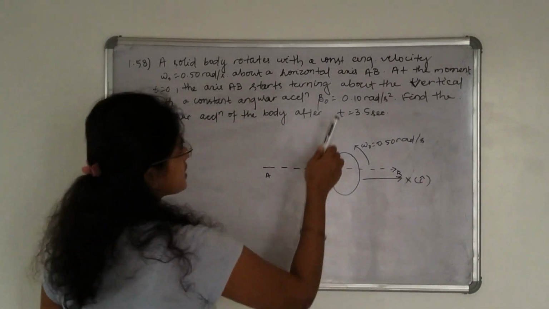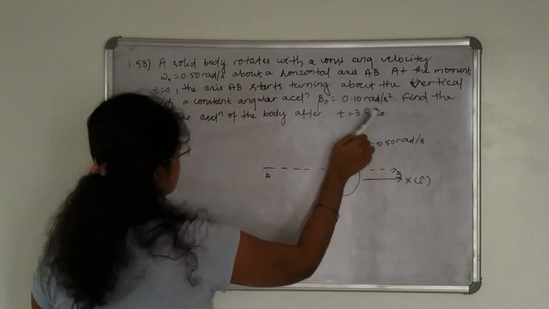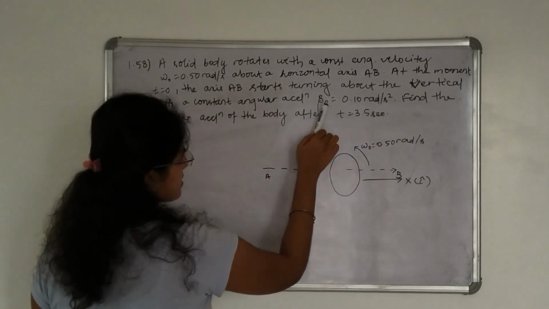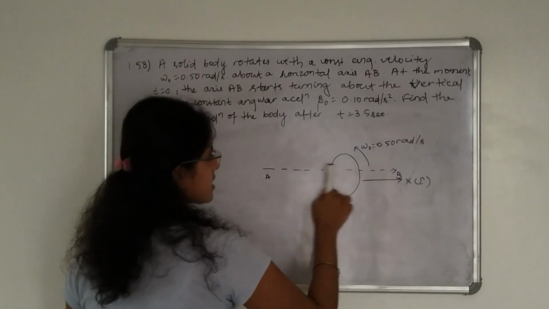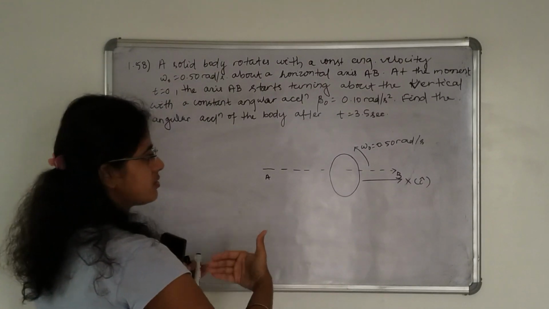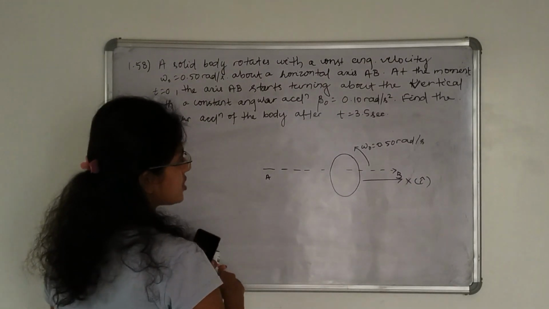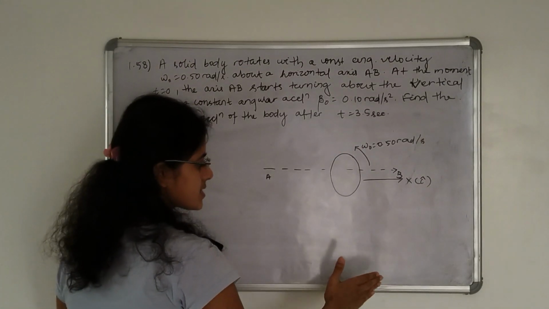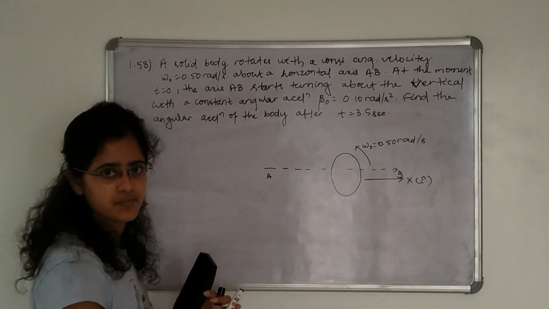Next, at the moment t equal to 0, the axis AB starts turning about the vertical with a constant angular acceleration this much. When t is equal to 0, this AB axis also starts rotating along the vertical axis. That means when t is equal to 0, this AB axis starts rotating in xy plane along z axis.